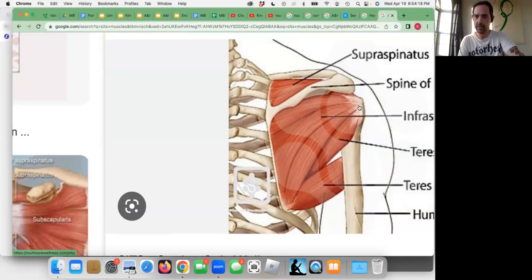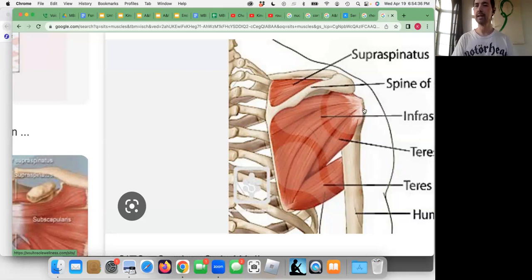So here's the infraspinatus, and here's the teres minor. There's the teres major. Teres major is not one of the SITS muscles. It's not one of the shoulder girdle muscles. The shoulder girdle muscles are the teres minor, infraspinatus above that, the supraspinatus above that, and then the subscap on the front.